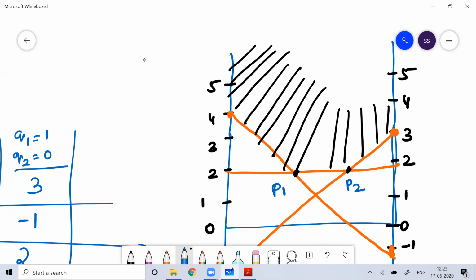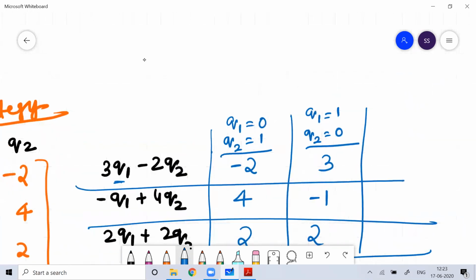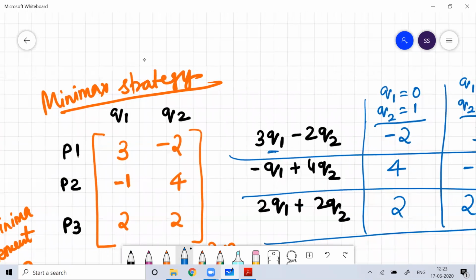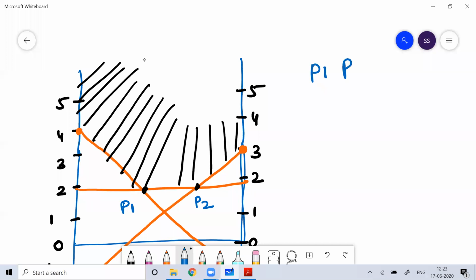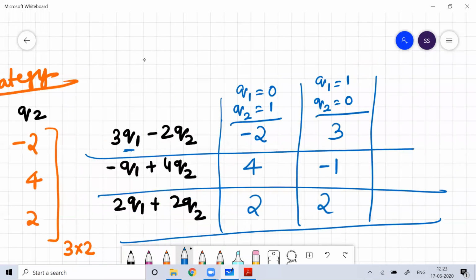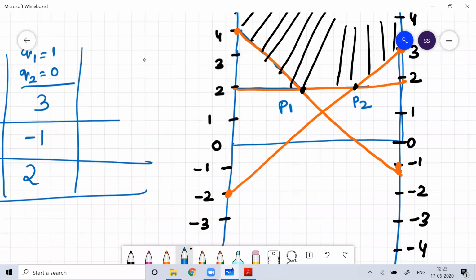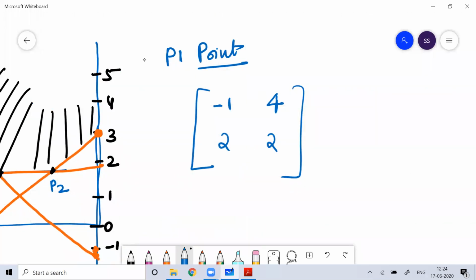So P1 means what? 4 comma minus 1. How are you getting the P1 point? You can see these two lines: minus 1 comma 4 and 2 comma 2. So this is the P1 point.